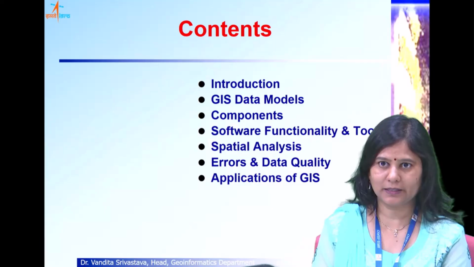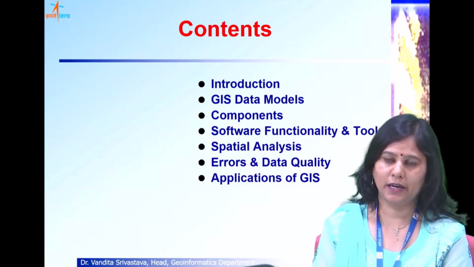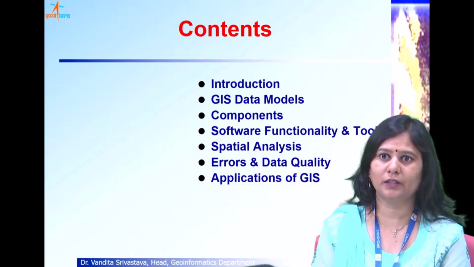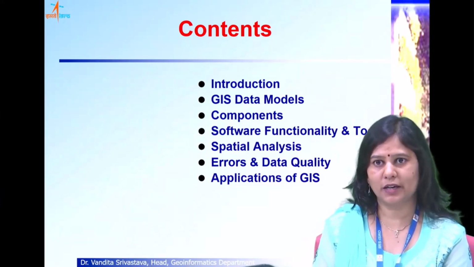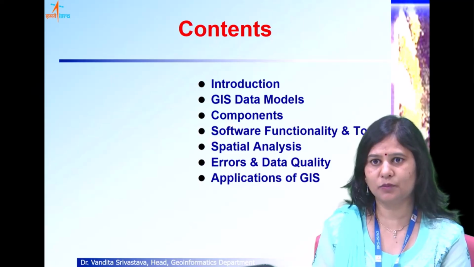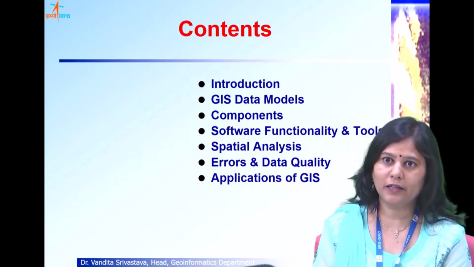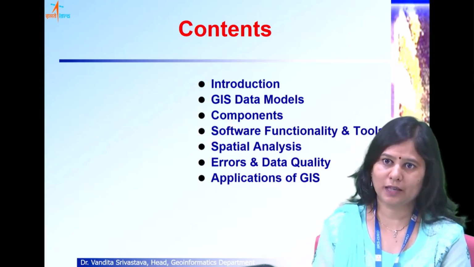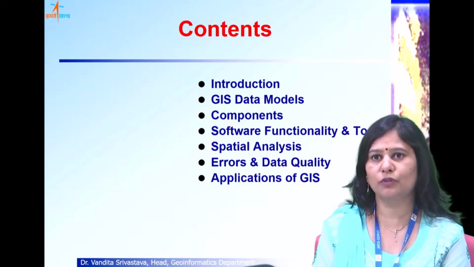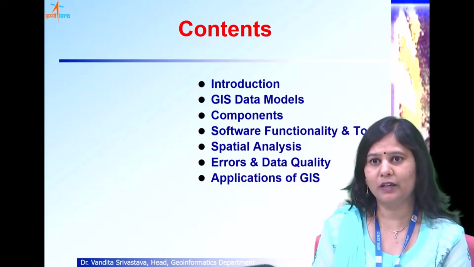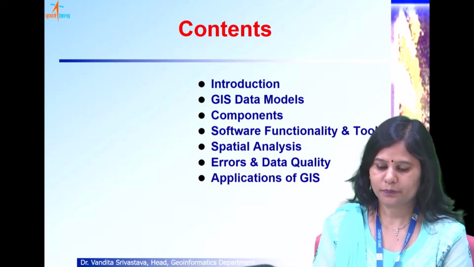And then spatial analysis, various types of analysis, basic operations in spatial analysis. And also I'll be discussing the sources of errors in GIS and data quality and various parameters involved. And finally, I will talk about various applications and the possibilities of using a GIS in various application domains.